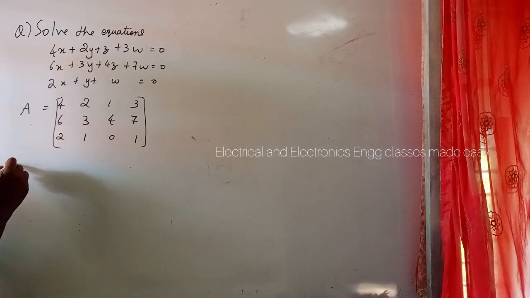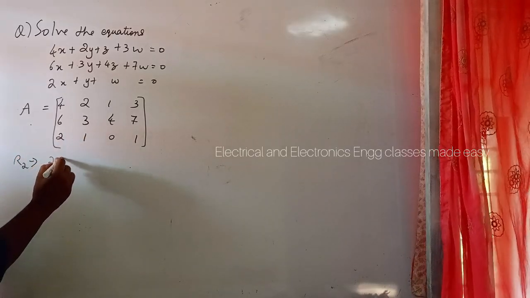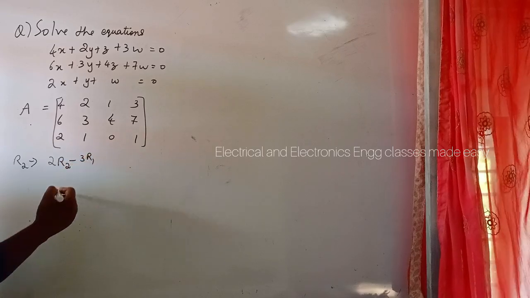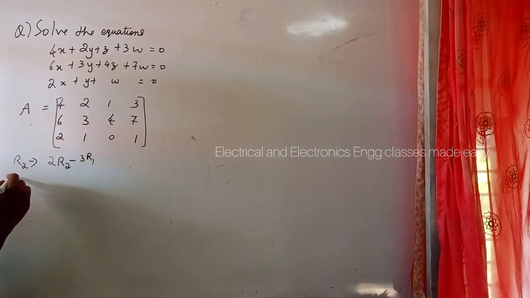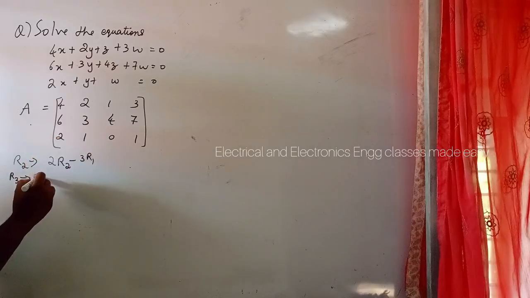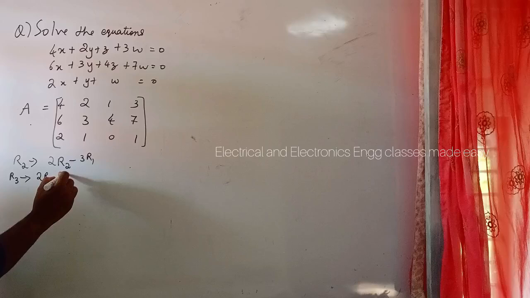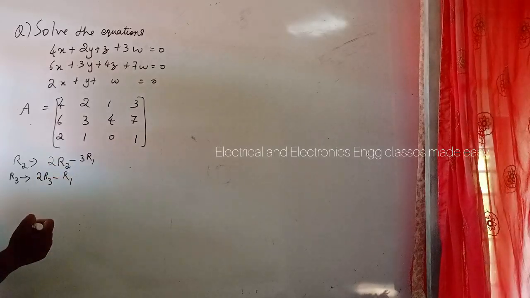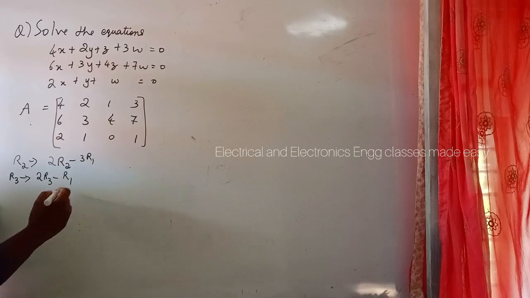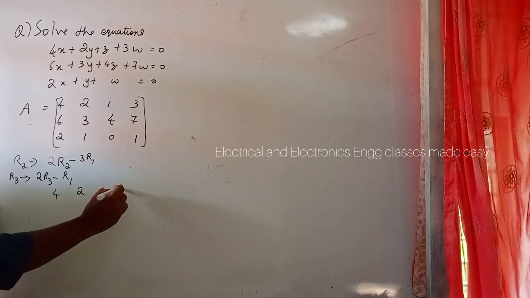That is, let R2 implies 2R2 minus 3R1, and also R3 implies 2 times R3 minus R1. Then here we will get, so first row is same, that is 4, 2, 1, 3.